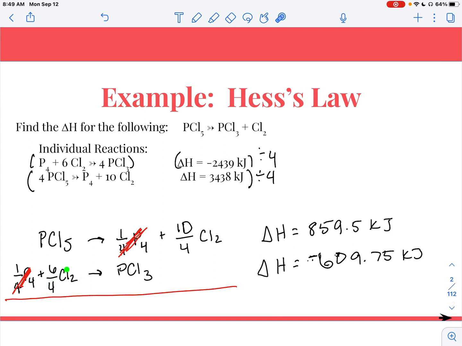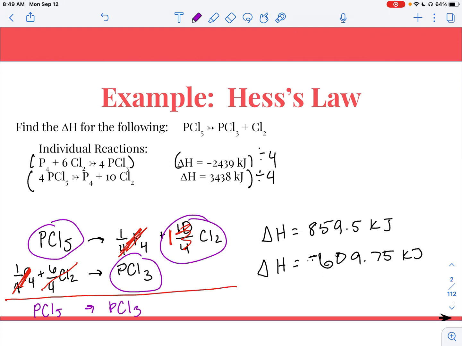So that means we can cancel out 6 over 4 Cl2, and when we subtract them, because that's what we're doing when we cancel out, we end up with just 4 over 4, or 1. So then we have left over PCl5 gives us PCl3 plus Cl2, which is exactly what we wanted here, okay? So you just want to add them together to make sure it checks out.